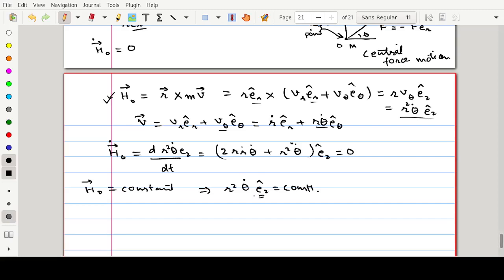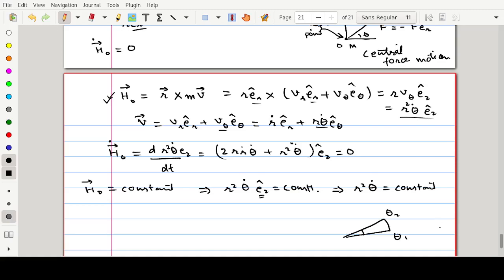Now e_z itself is a constant, it does not change its magnitude or direction, it always points along the k direction, perpendicular direction. Therefore we can write R squared theta dot is a constant, and this is basically the expression of Kepler's second law. If you integrate this, you will get the area swept between theta 1 and theta 2, and that area will be constant, from Kepler's second law, if you have studied it.